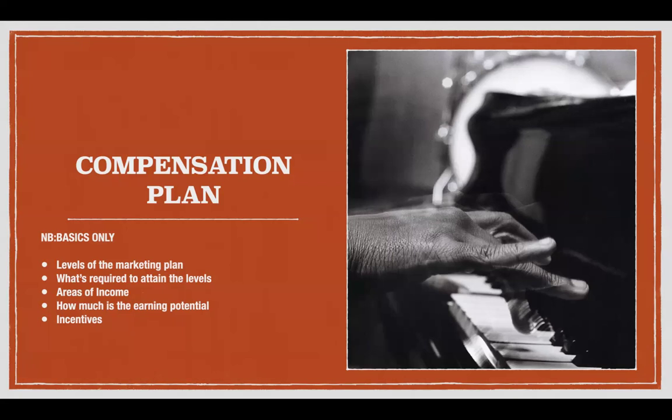So when you're doing your compensation plan, focus on the levels of the marketing plan. Tell them where they are starting. If you are joining, if you buy this combo, you are starting as an assistant supervisor. Show them how the move ups happen, the CCs that are required, explain to them what is a CC, what is 4CC.